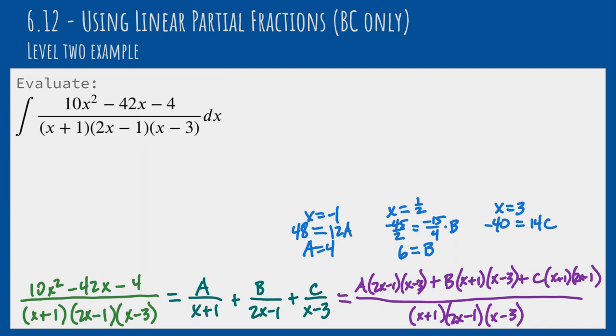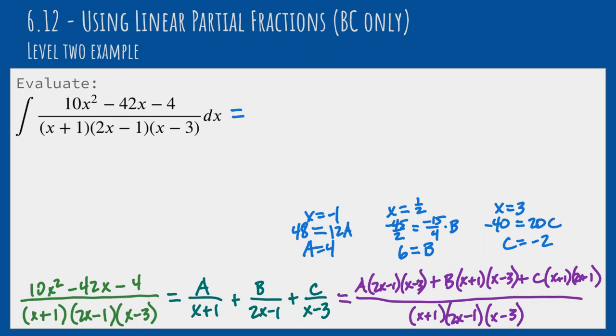I think I made a mistake there. So 90 minus 126 is negative 36. Minus 4 is -40. Okay. And then for the 3, I put a negative 3 in there. So that's going to be C times 4 times 5, which is 20C. And we get C equals negative 2.